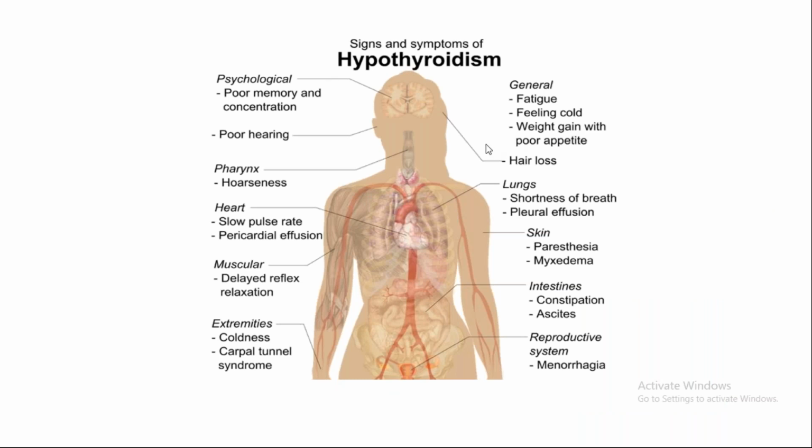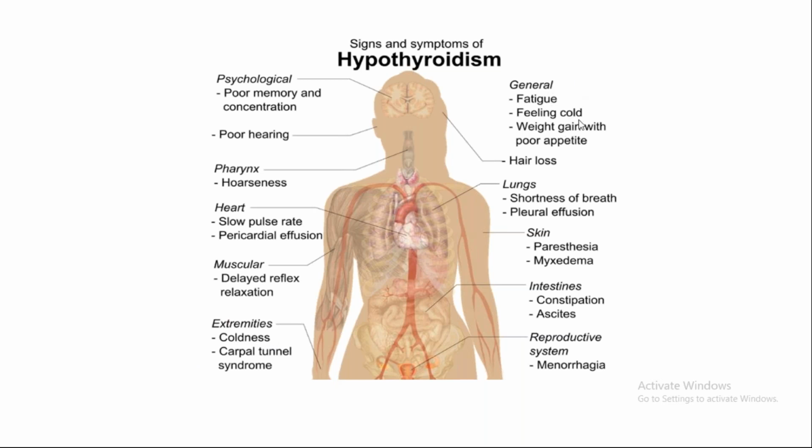So hypothyroid features are the psychological signs and symptoms of the hypothyroid person: poor memory and concentration, poor hearing, hoarseness of voice, slow pulse rate, pericardial effusion, delayed reflex relaxation at muscular level, heart level, slow pulse rate, bradycardia, extremities coldness, carpal tunnel syndrome because of this.